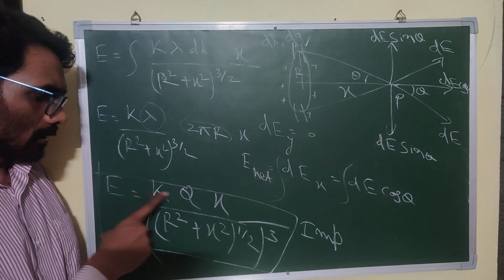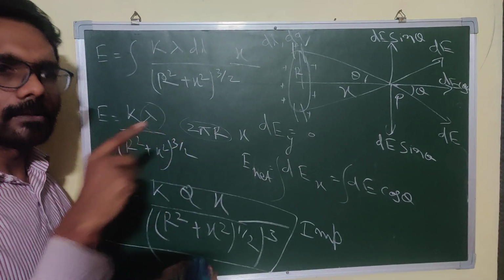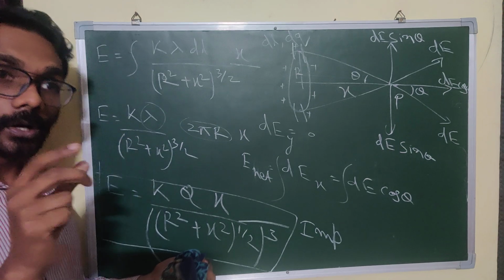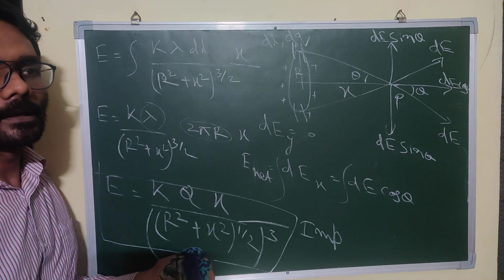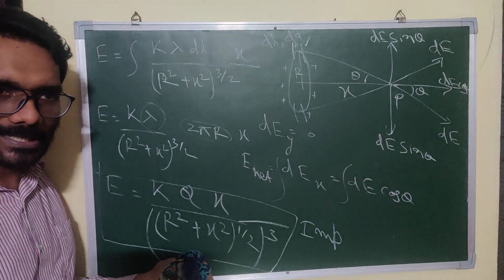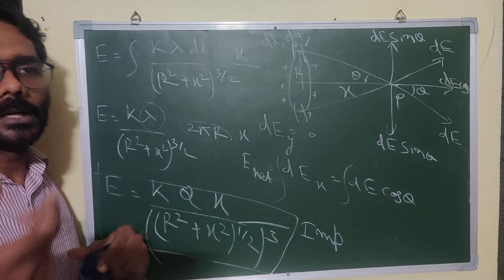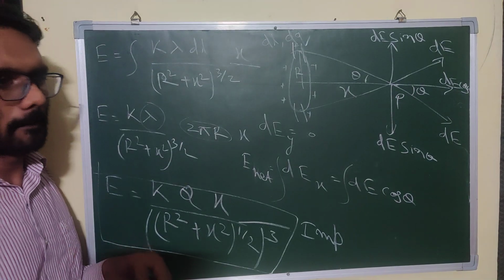K constant, Q total charge, the total charged object, whether it is a loop, a spherical shell, or a semi-sphere.